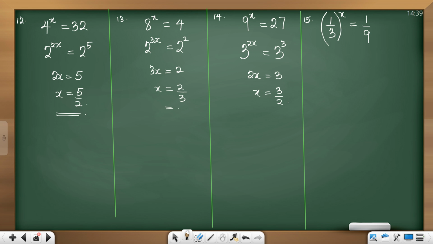The 9 can be written in terms of a 3. So I'll keep this. 1 over 3. Check this. 1 over 9. I can write it as 3 squared, right? So I'm going to do that. Oh, this is one of the laws, because 1 squared is 1 and 3 squared is 9. I hope that makes sense. So both of them now have the same fraction base. Therefore, x is equal to what? 2.